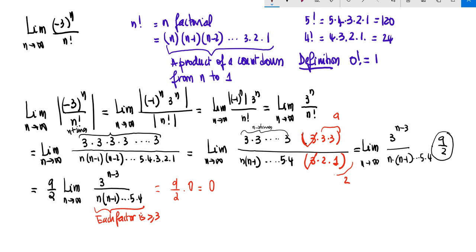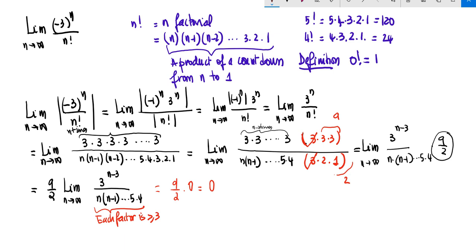So as n is getting larger and larger, the denominator is going to dominate the numerator, and then this ratio will get smaller and smaller, and you eventually get 0.